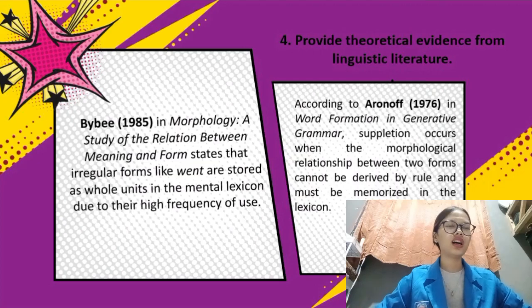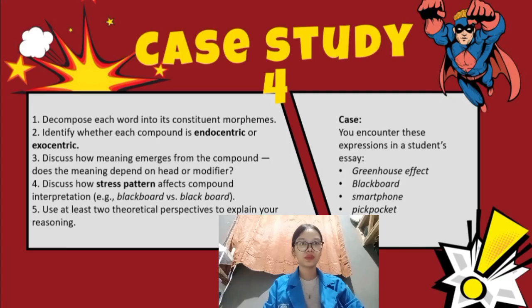According to Aronoff, 1976, in Word Formation in Generative Grammar, suppletion occurs when the morphological relationship between two forms cannot be derived by rule and must be memorized in the lexicon.